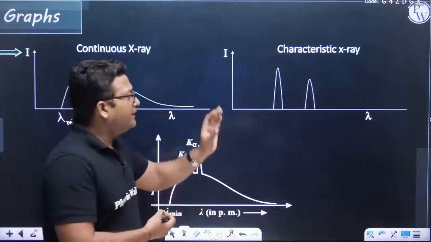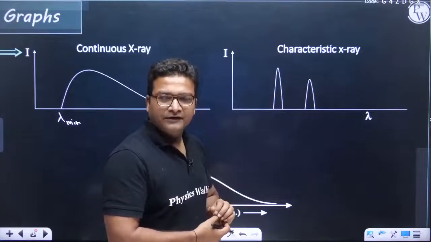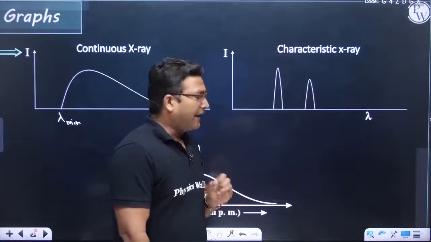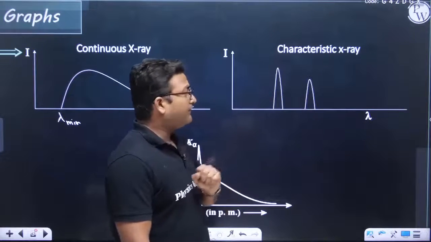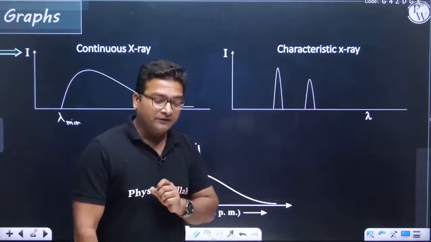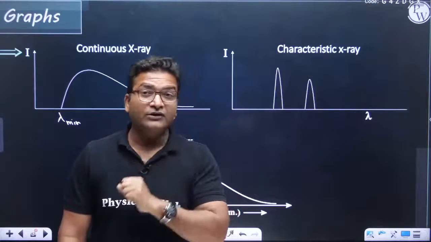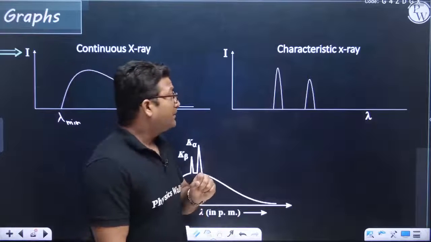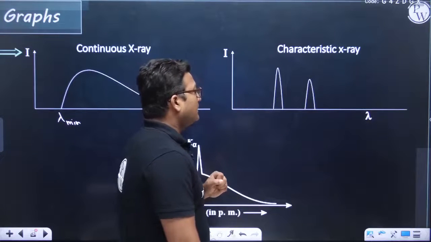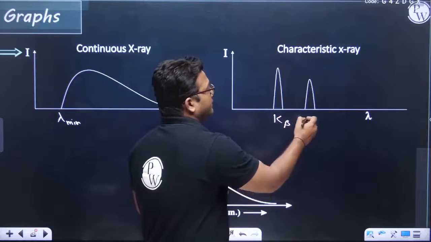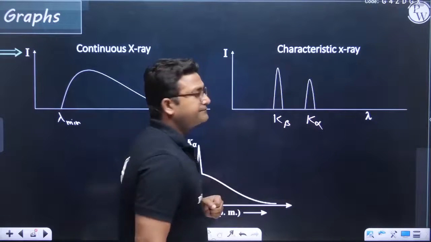So we get only certain wavelengths here. Suppose these are two K X-rays, one is K alpha and K beta. You know that the energy of K beta X-ray would be large, the wavelength of K beta would be small. So this is K beta and this is K alpha, right?